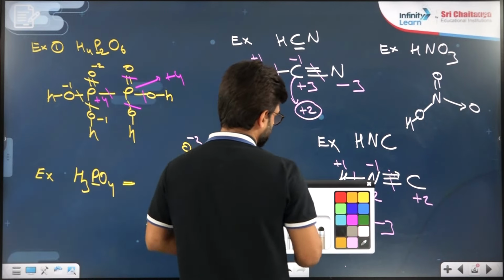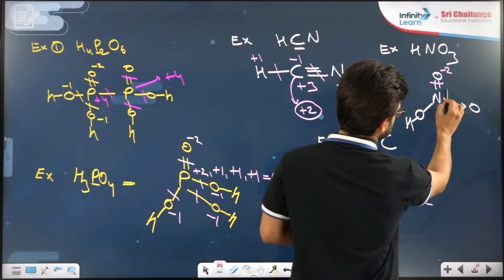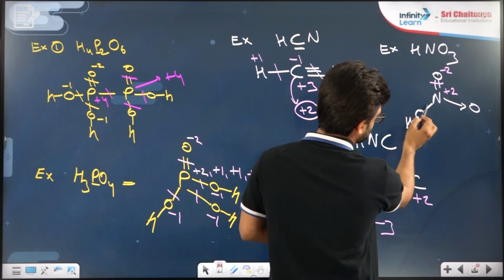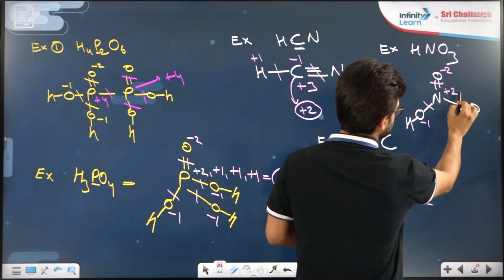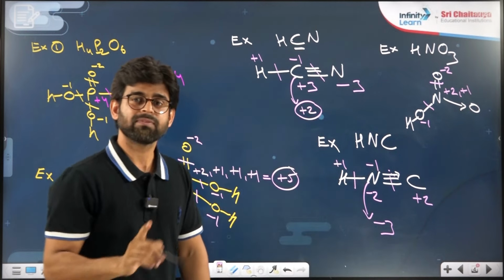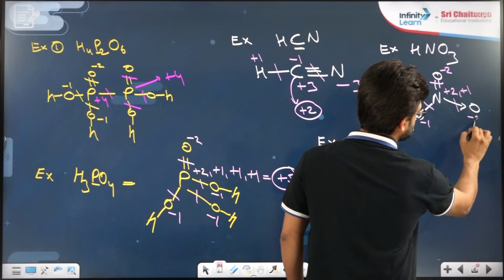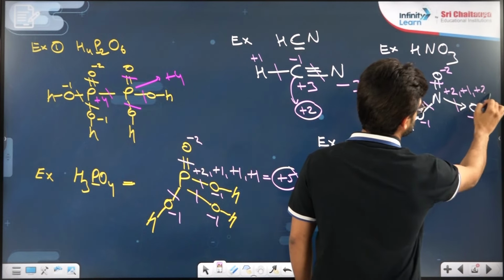So if I break this bond, from here oxygen gets -2, nitrogen gets +2. From this bond, oxygen gets -1, nitrogen gets +1. And when I break this coordinate bond, this oxygen will get -2, and our nitrogen will get +2.